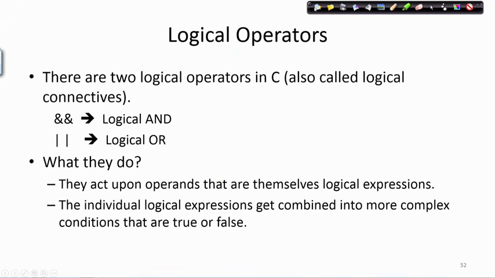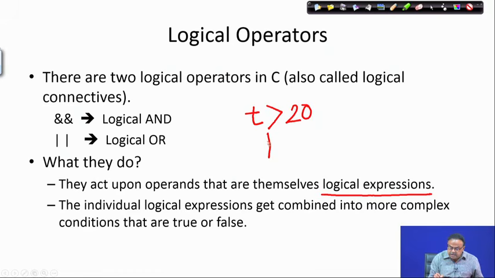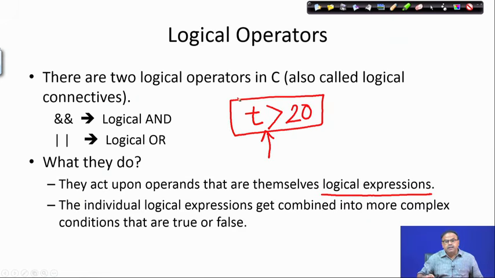Now, what do they do? They act upon the operands that are themselves logical expressions. Where did I get logical expressions from? I got them from relational operators. For example, t greater than 20 is a logical expression. This uses a relational operator, but the expression is a logical expression because it will return only true or false, nothing in between.